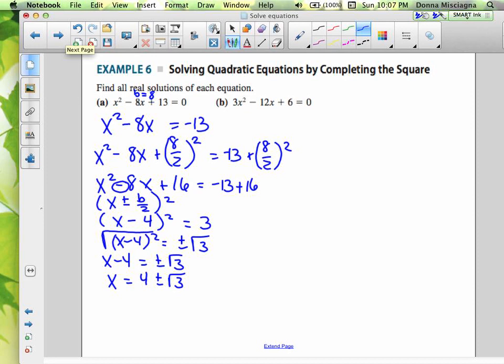Now we have one other thing to do here, and that is if a does not equal 1, divide both sides by a first.